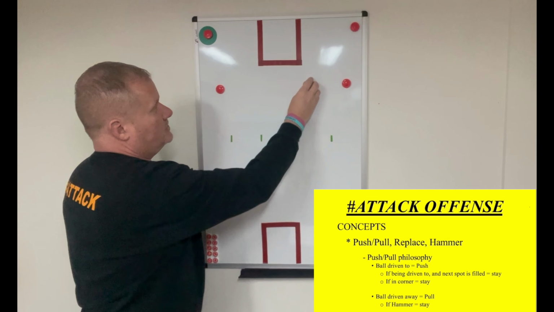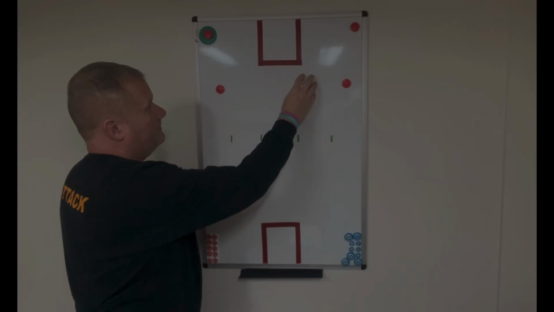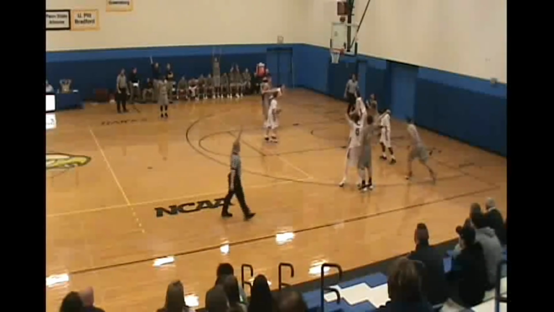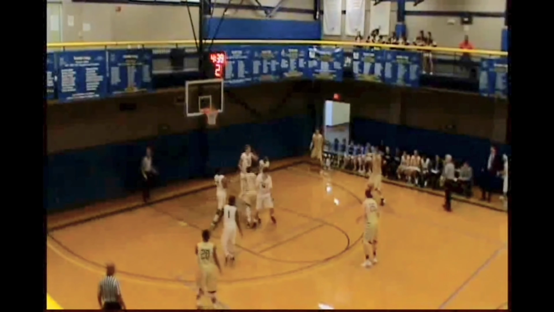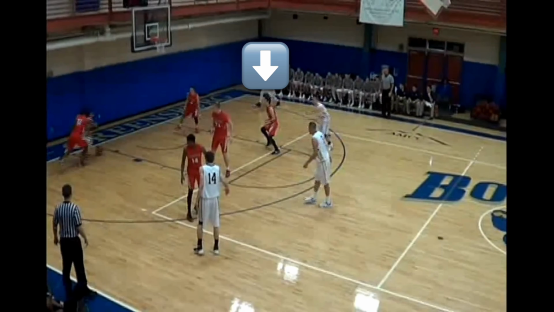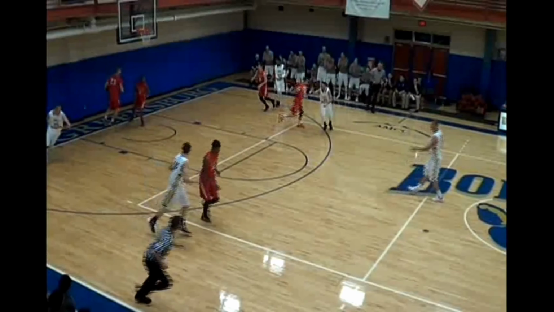Now, if it gets driven to you and you don't have anywhere to go, then you just stay right where you're at. And we always want to play good basketball. So if a defender turns his head, a 45 cut to the basket works just as good too.